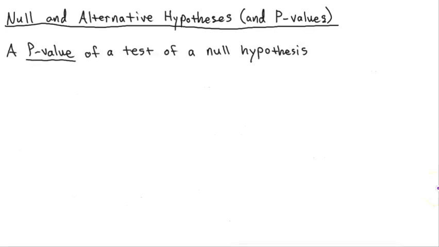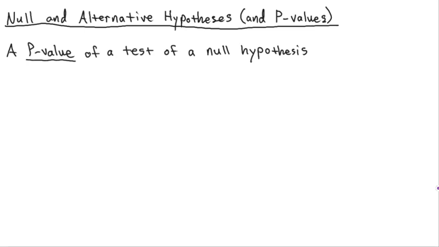So whenever we're doing a hypothesis test, what we're typically doing is testing against the null hypothesis. We're trying to find out whether there's enough statistical evidence to break free from the null hypothesis. And if we break free from the null hypothesis, then it shows support for the alternative hypothesis.